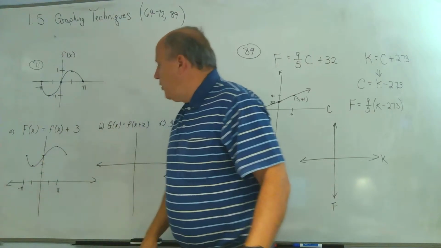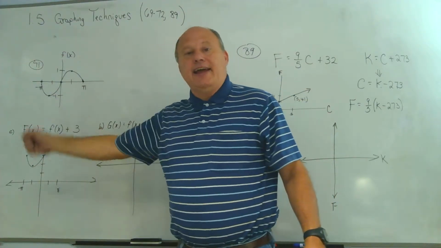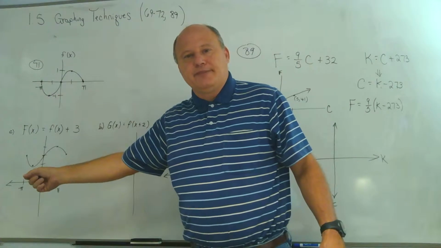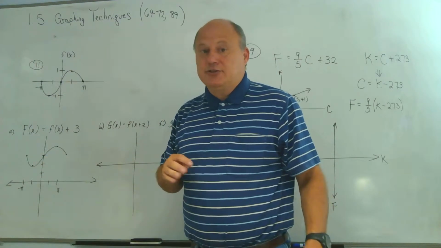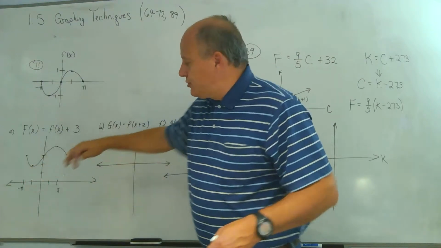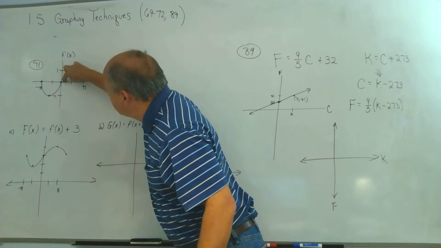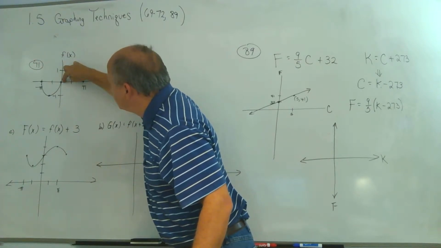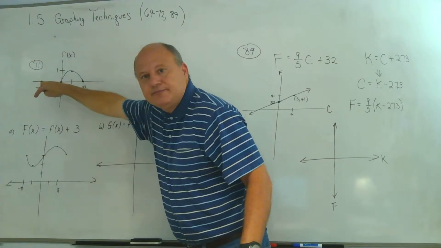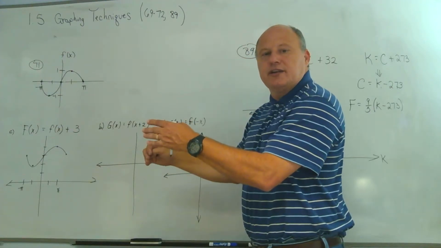So what you're trying to do is just say, well, I got to go left 2 units, so what is that number? I'm not going to try to do the calculation. I'm just going to go ahead and put the number on the graph. So here, you go from this point, 2 units to the left, you're over here. So the whole graph gets shifted 2 units to the left.